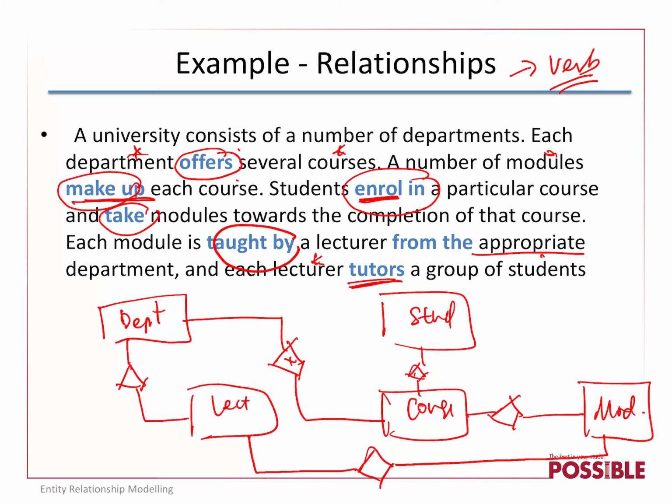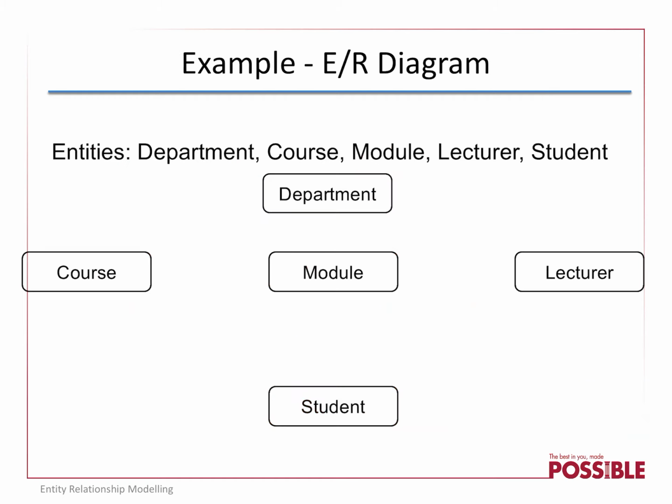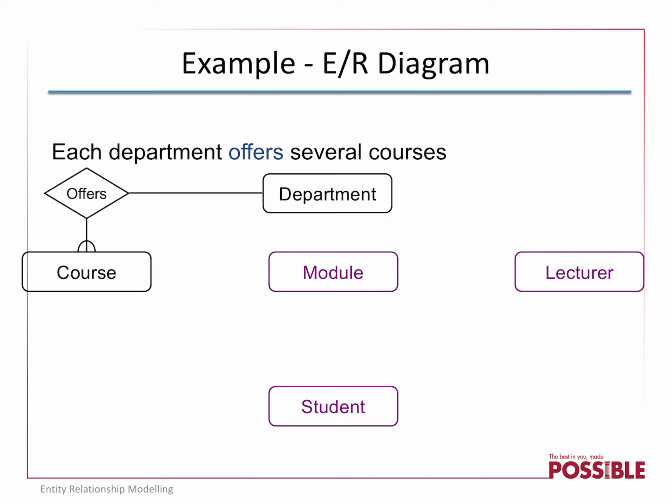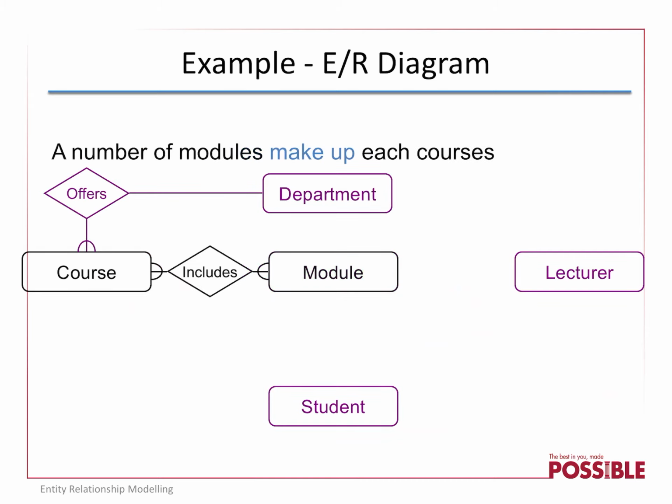It's not good to have a crisscross, so when you draw later on, please avoid this kind of crisscross. That's your diagram actually. First you draw the entities and then link them using the relationships.